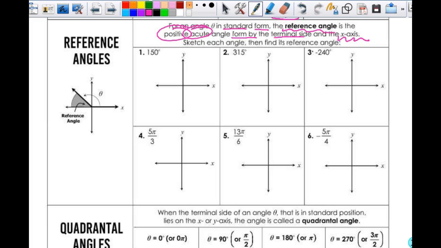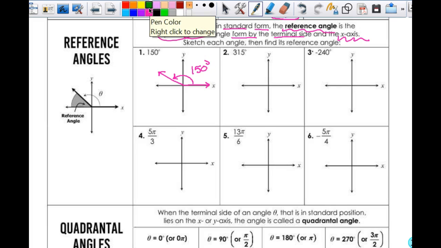The second. Okay, so here's my angle side. The best way, you always want to think about the x-axis. So getting to and from pi or 2 pi is kind of the key to things. So if I'm here, I know I'm in the second quadrant, but I'm not going all the way to 180. How far do I stop before 180? How far left would I have to go from this? 30. So this is 90, so 30 is about a third, so I'd stop about right there. So this right here is 150 degrees.